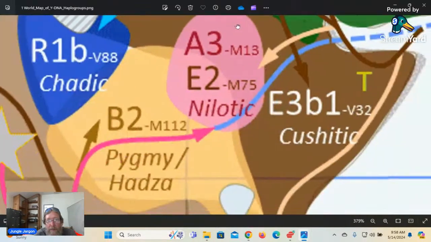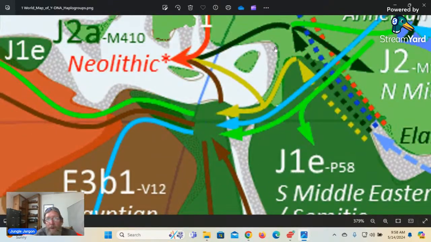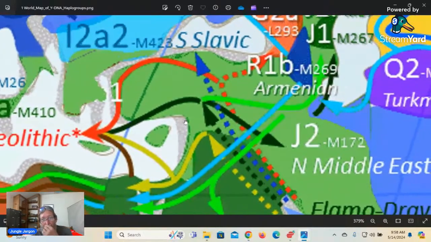E2, oh, there's an E2 right here, yeah. But this E2 lineage would be what remains of the Canaanite lineage, which you're not going to find a whole lot of E2 left. There's some here in Africa, and there might be some up in Anatolia somewhere, but you're not going to find a whole lot of it.